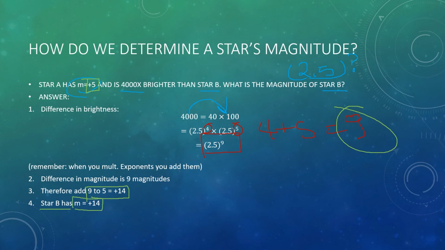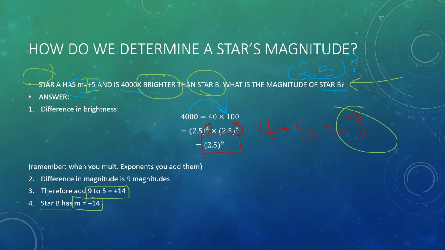How do we know we add it? Because we say star A is brighter than star B. Therefore, whatever we find gets added to star B, making it the dimmer star. If it says star A has a magnitude of plus 5 and star B is 4,000 times brighter than star A, what is the magnitude of star B? In this case, then you would subtract 5 minus 9.